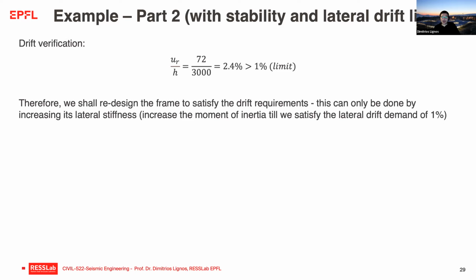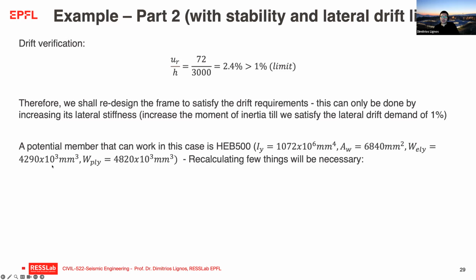So I will try to do this, and because I had made this example parametric, a potential member that can work in this case is using an HEB 500 as a column.